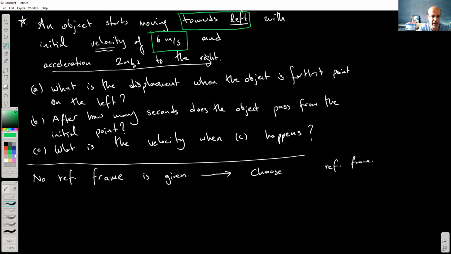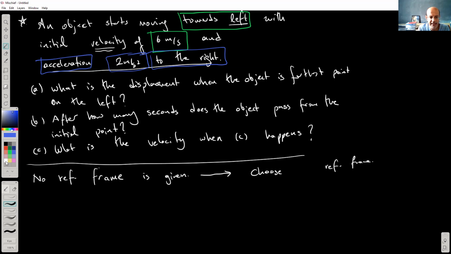Similarly for the acceleration, I give its magnitude and its direction as well. Without the reference frame, I have to use directions like north, upward, downward, or whatever. But with the reference frame, I can use the IJK unit vectors, or if you don't want to use them, of course, you have to use the signs.